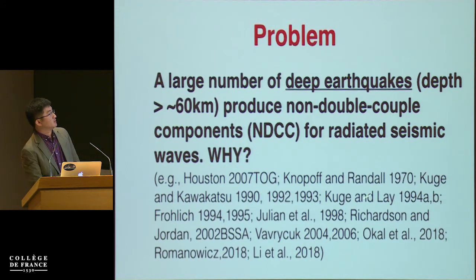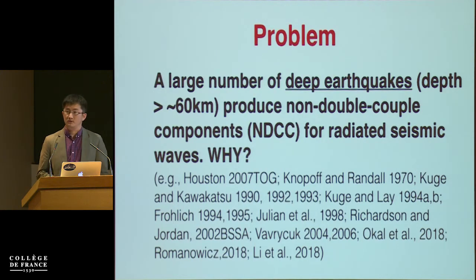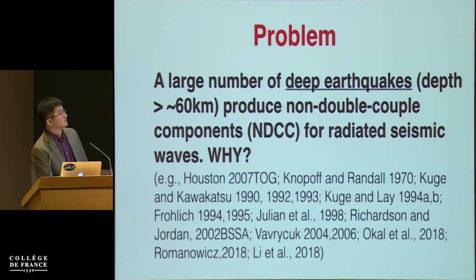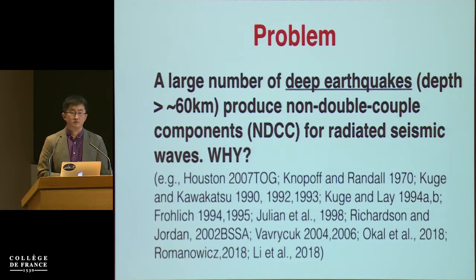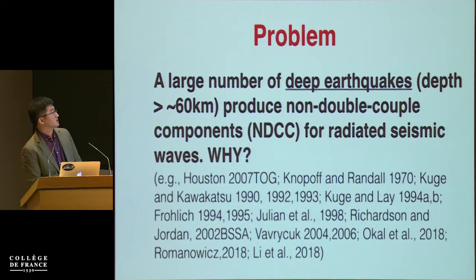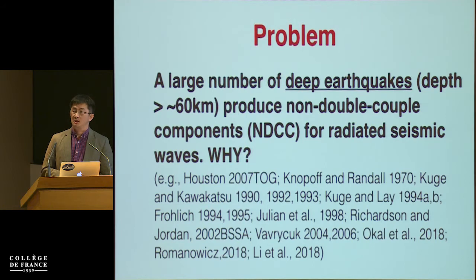Knopoff and Randall proposed the CLVD idea, and some of the experts are sitting right in this room, including Cook and Kawakatsu, and they wrote many papers, very systematic studies about non-double couple components of deep earthquakes. Cliff Frohlich yesterday gave a historical view of deep earthquakes.